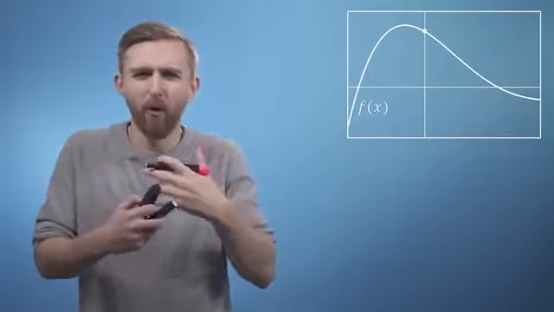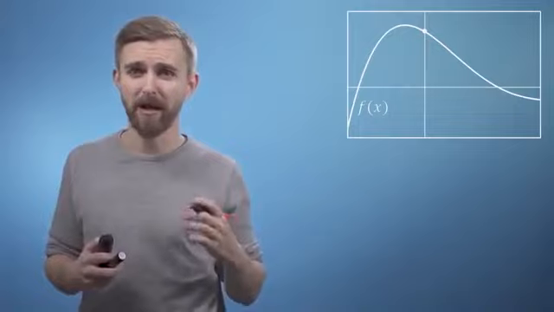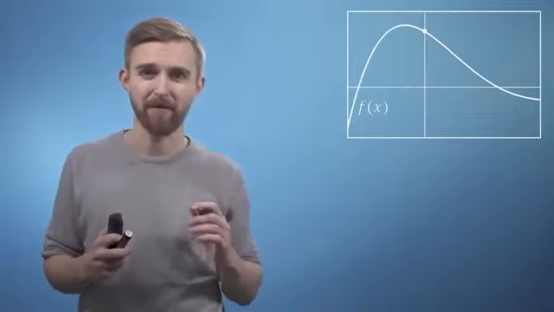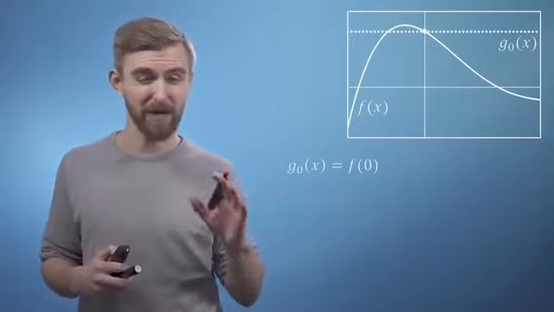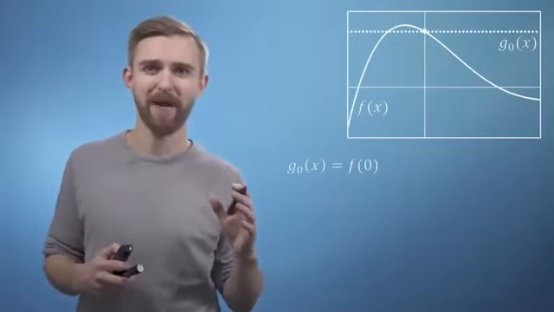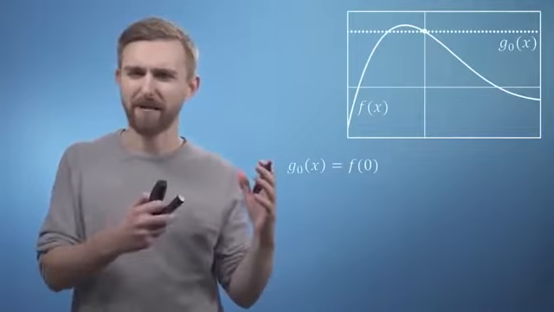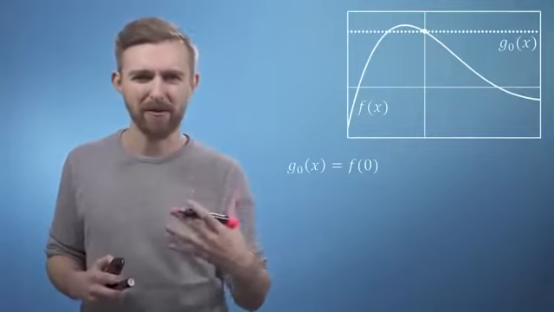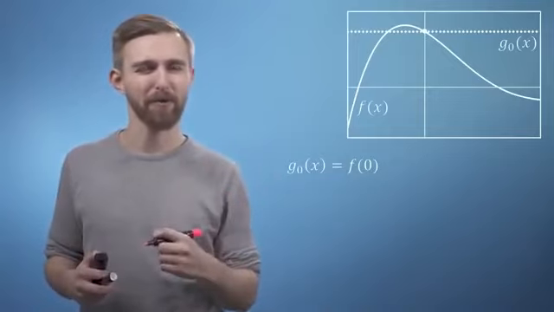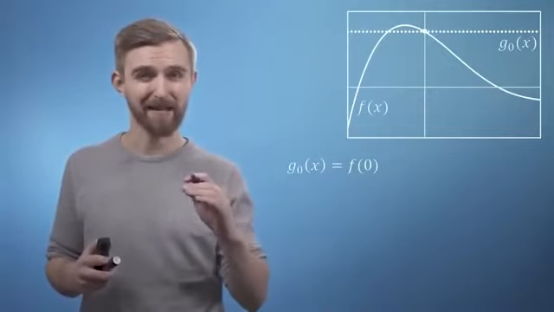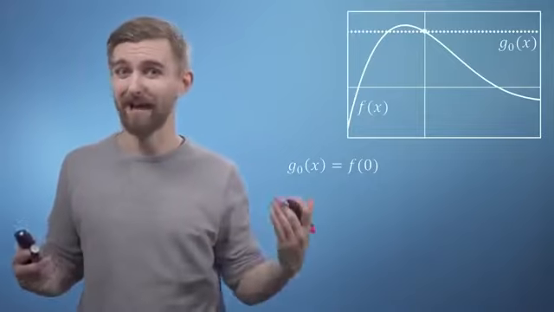And in fact, all it can be is a horizontal line at the point f of 0. So we can plot this first approximation and also write an expression for calculating g0 of x, which is just f of 0. We call this our 0th order approximation, and clearly it's not very good. But also notice that as this line is flat, it's actually not even a function of x.